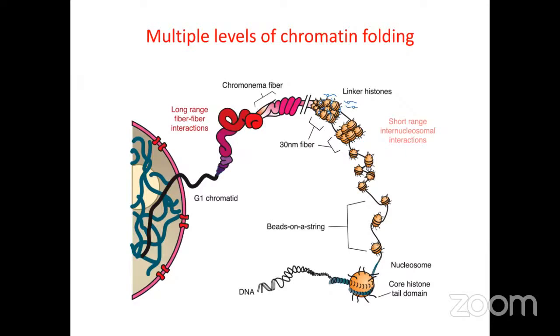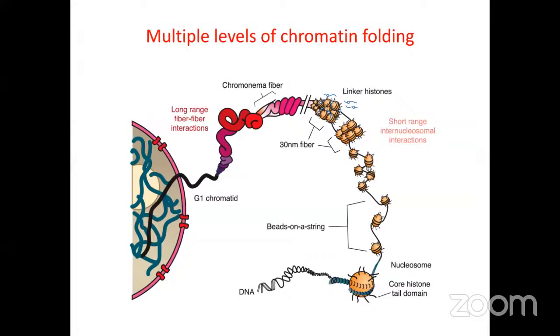How are these chromosomes made up of DNA? You can see the different levels of organization of DNA. First there is the 30 nanometer fiber. In this structure, you can see one yellow circle. That is one nucleosome.